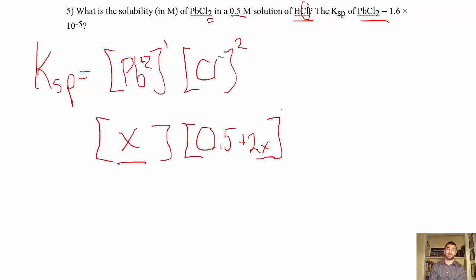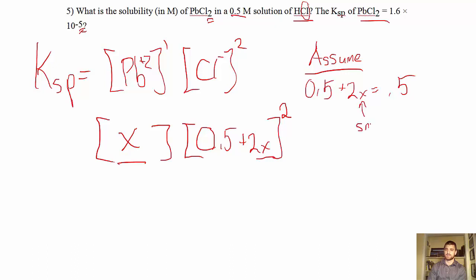Now, this would make math really, really complicated. But we can do something which you guys are going to start to love. We can assume stuff. Let's assume that X is so little, which is kind of a safe assumption looking at the Ksp, that 0.5 plus 2X is still going to equal 0.5, because we're going to say that X is small.